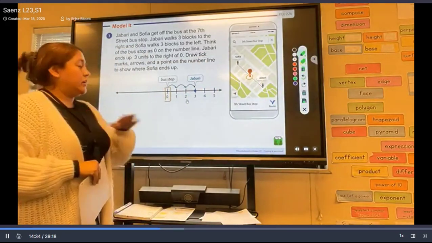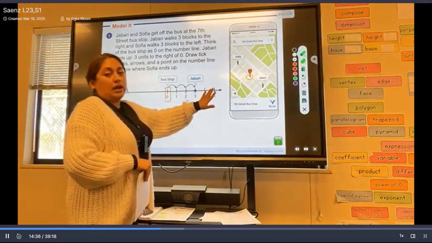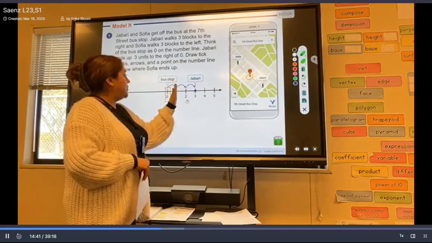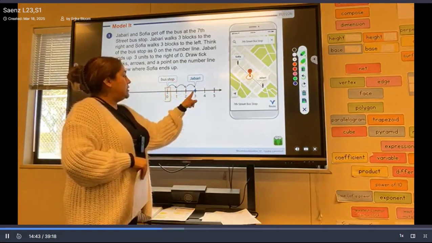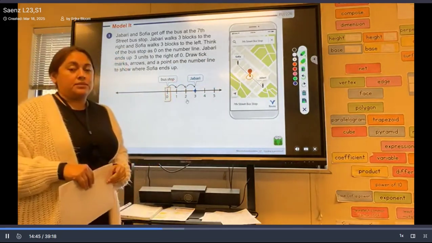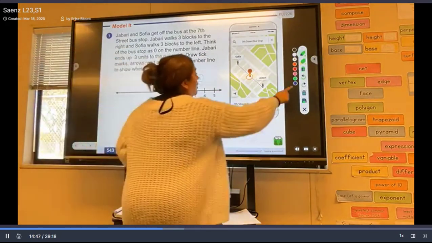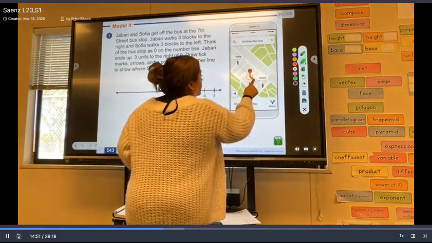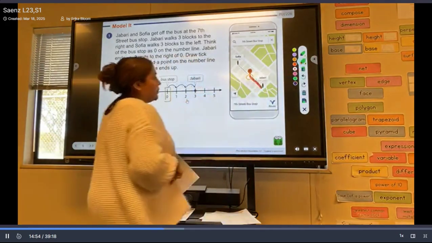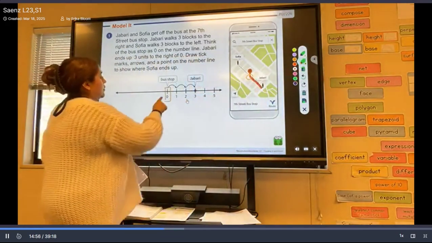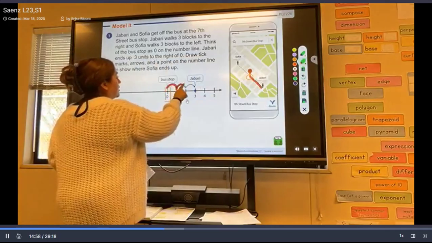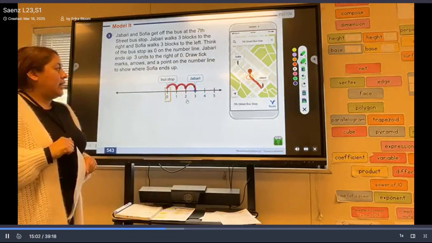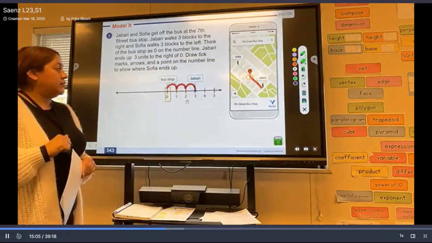They did us the favor and marked the number line for us from 0 to 5. They put tick marks, and then they plotted where Jabari was, because Jabari walked 3 blocks to the right. So therefore, we have 3 blocks to the right. And then they put down a point, and then they labeled it for Jabari.